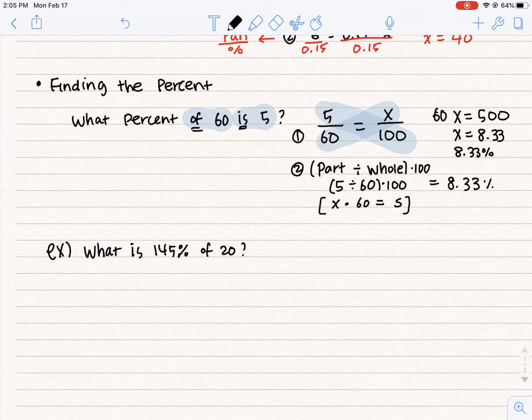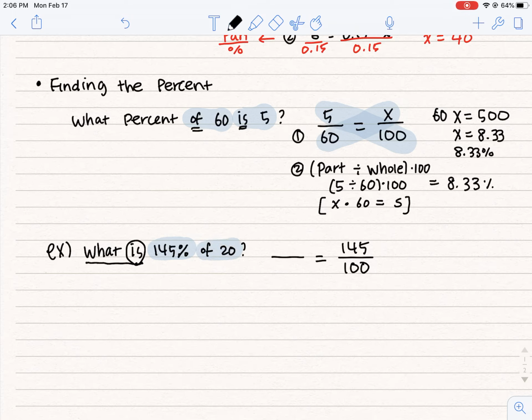So I'm going to first identify what I am missing. It says what is, so I'm probably missing the is. And I have percent 145. It's always going to be on the top, and the bottom number is always going to be 100, and of 20.